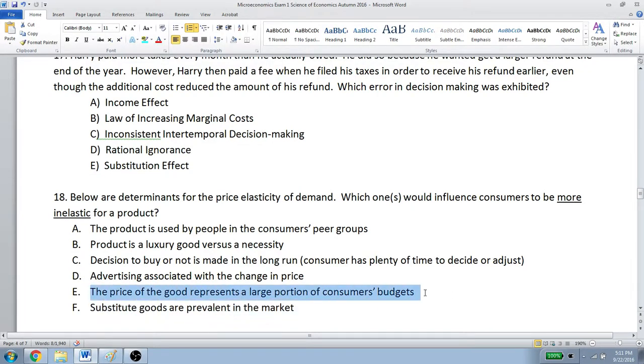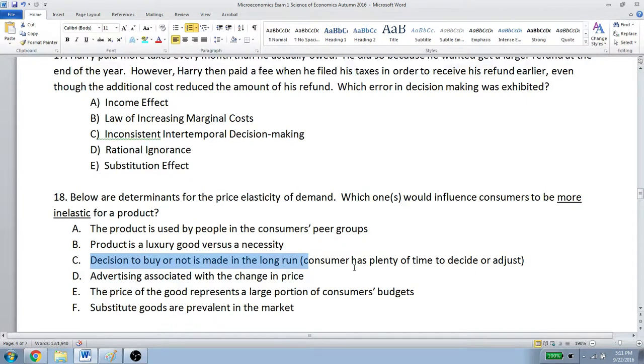The price of the good represents a large portion of consumers' budget. People are very cautious when they're spending a lot of money, so that makes them more elastic as well. So this is more elastic, this one's more elastic. Advertising associated with the change in price does not change elasticity at all. Decision to buy or not is made in the long run.